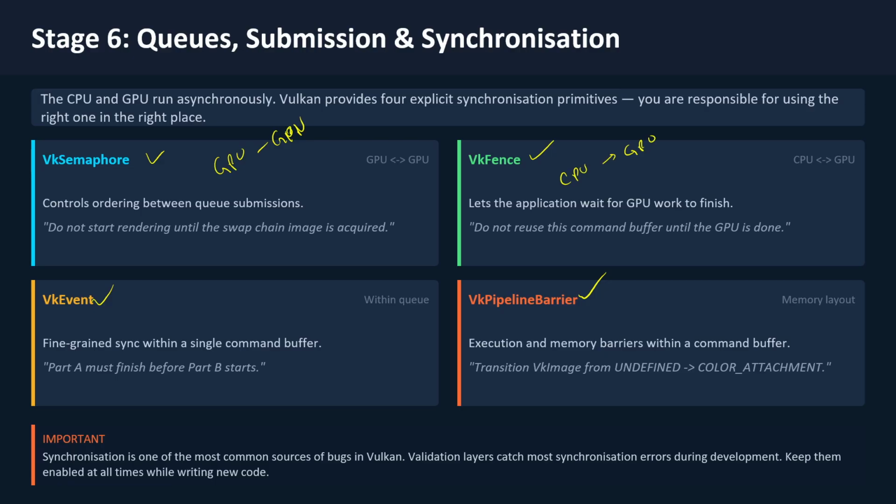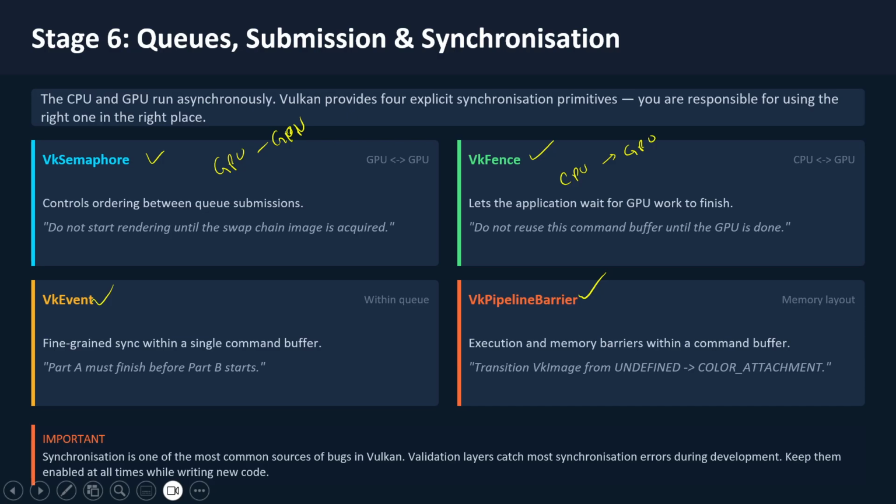So the VK fence, which is used for CPU to GPU synchronization, allows your application to wait until the GPU has finished its work. When I say application, your application is running on your CPU, so it allows the CPU to query whether a job is finished on the GPU. If it is not finished, then it will just keep waiting, or maybe it can do some other task in parallel.